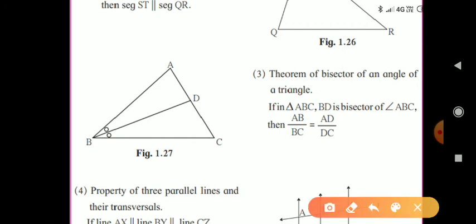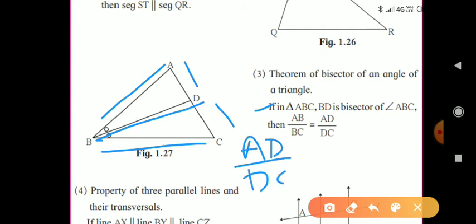According to that theorem, if there is an angle bisector in the triangle, see in the diagram triangle ABC, and BD is the angle bisector of angle ABC, then AB upon BC is equal to AD upon DC, or we can write it in the opposite manner, AD upon DC is equal to AB upon BC. We have to remember these formulas for solving sums based on these theorems.